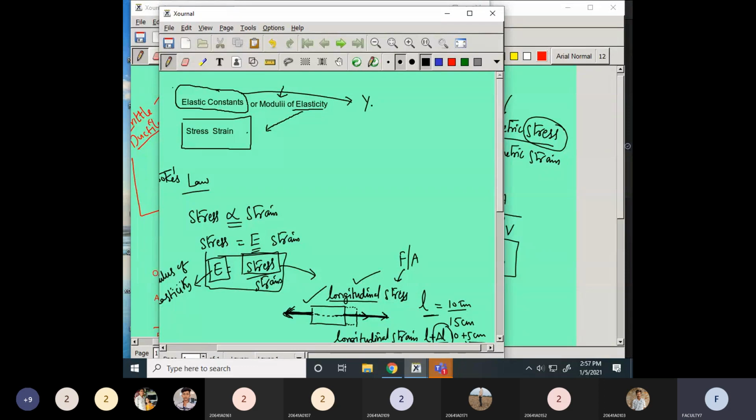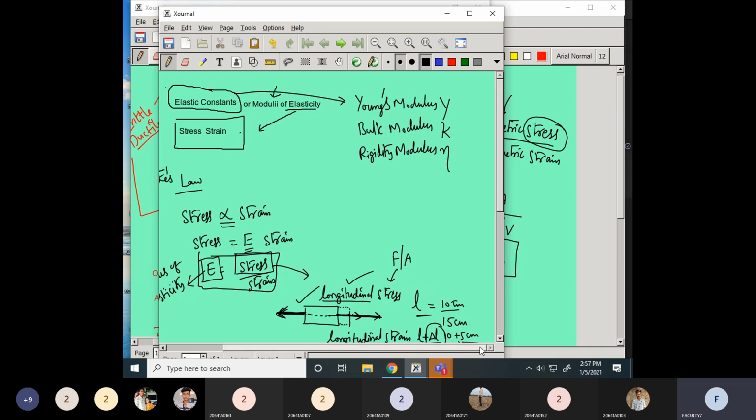You are having Young's modulus, Y. Next, bulk modulus. You can consider it as K or B, so I am considering it as K. Next, the rigidity modulus, so it is eta.